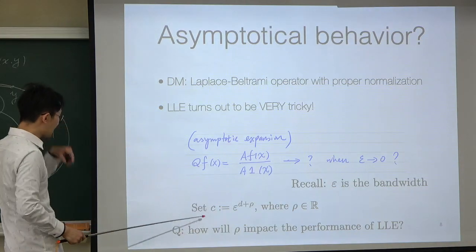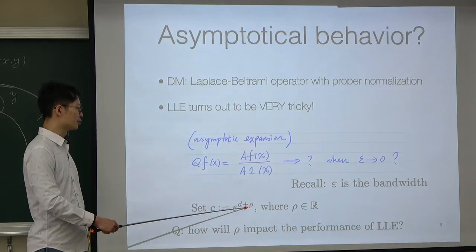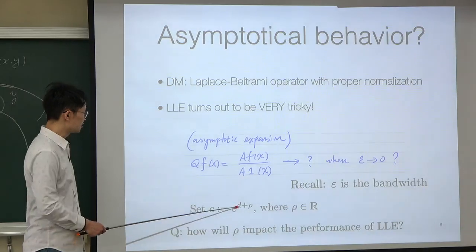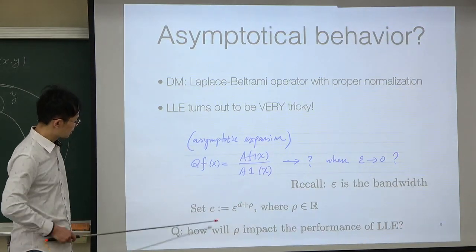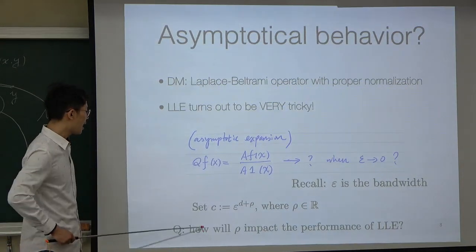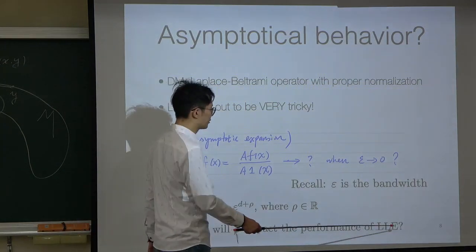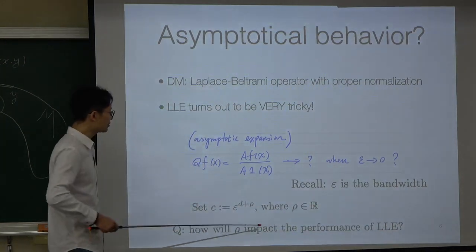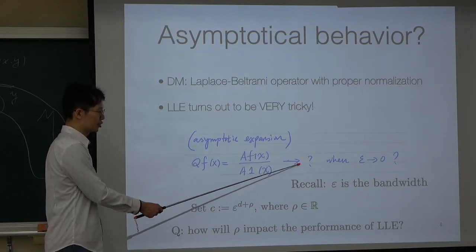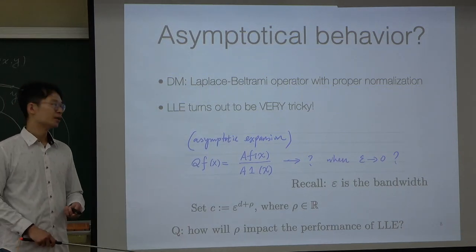Now let's set C to be epsilon raised to the power d plus rho, where rho is a real number, and d is the dimension of the manifold. Let's say this C is the regularizer. And we want to ask, how will rho impact the performance of LLE, by analyzing how Qf will converge when epsilon goes to 0. That is the question we want to discuss in this lecture.